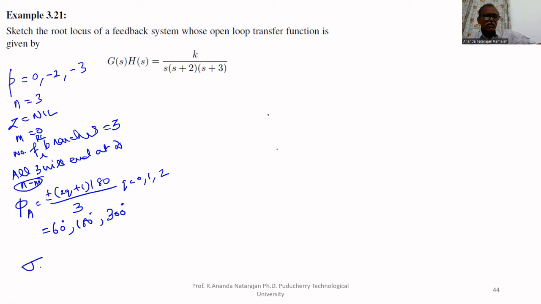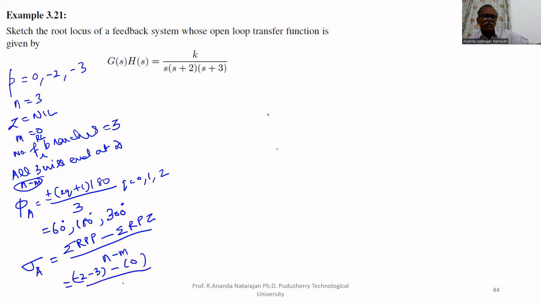The asymptotes are meeting at centroid sigma a, that is equal to sum of real parts of poles minus sum of real parts of zeros divided by n minus m. That is equal to sum of real parts of poles, which is minus 2 minus 3, minus 0, divided by 3.